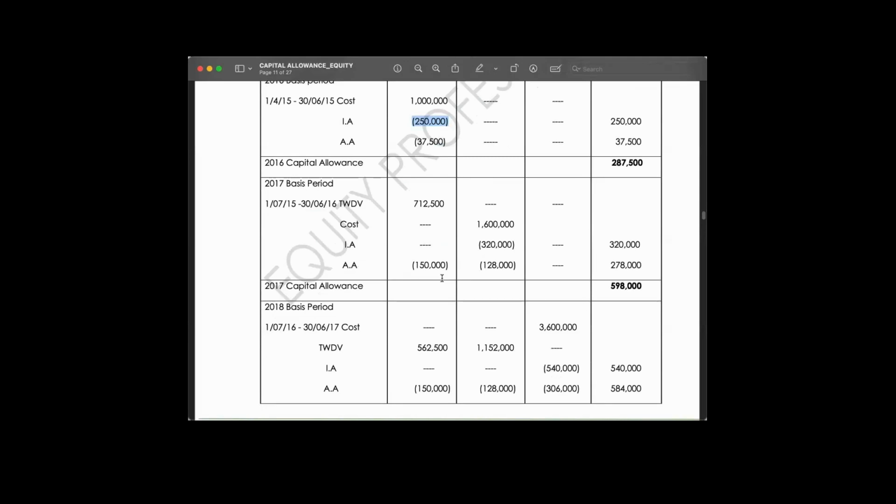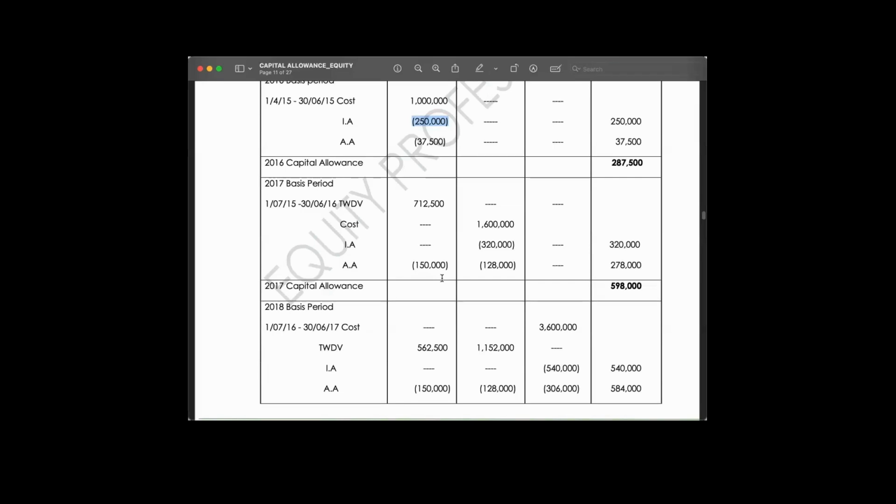All right. I am saying because the basis period in my second year is 12 months, I will not be prorating my annual allowance in the second year. I need a full annual allowance. To get a full annual allowance, I'll go back to the original cost of the assets.